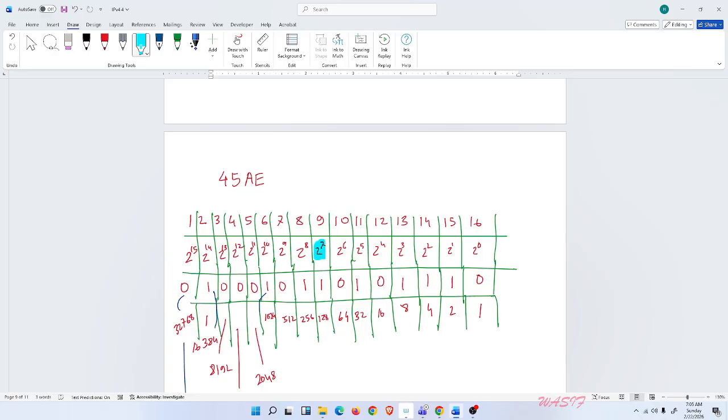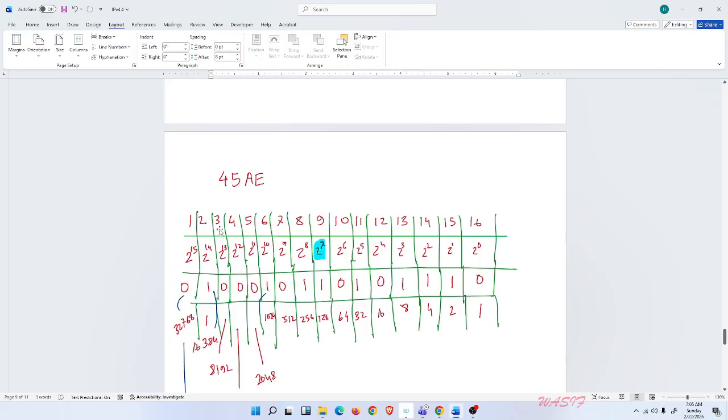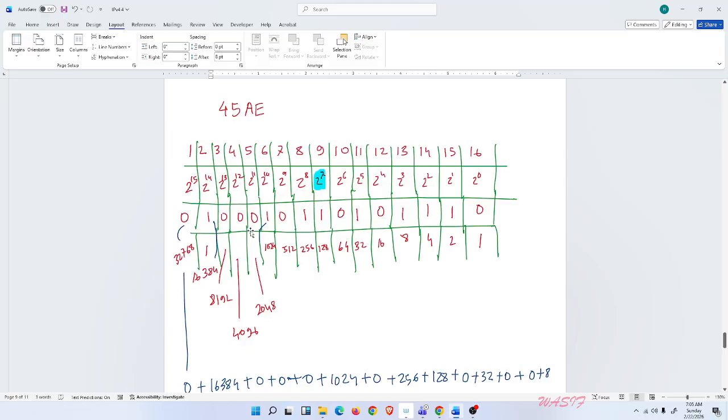Now you do the multiplication. 2 to the power 15 is 32768. 0 multiplied by 2 to the power 15 is 0. Then 2 to the power 14 is 16384. 1 multiplied by 2 to the power 14 is 16384. Then 0 multiplied by 2 to the power 13; 2 to the power 13 is 8192. 2 to the power 12 is 4096.